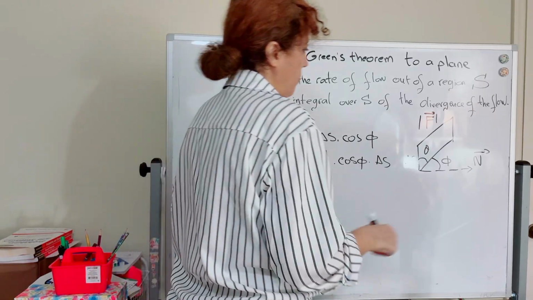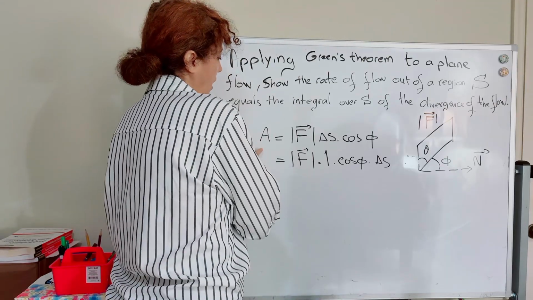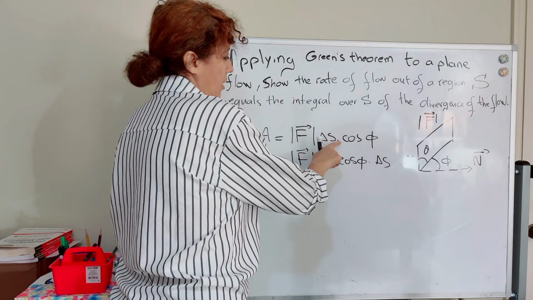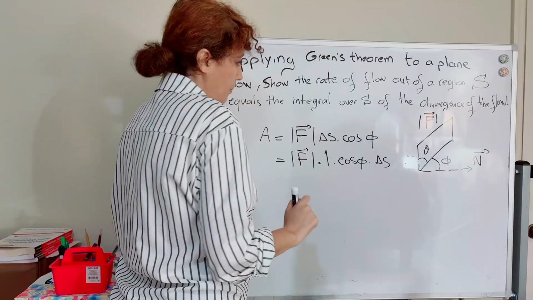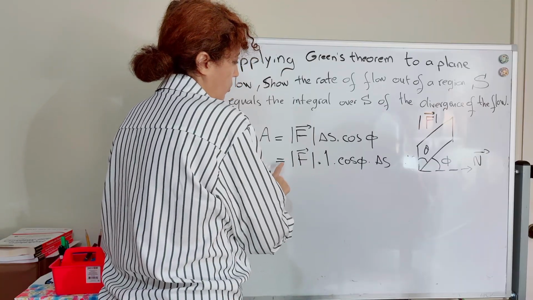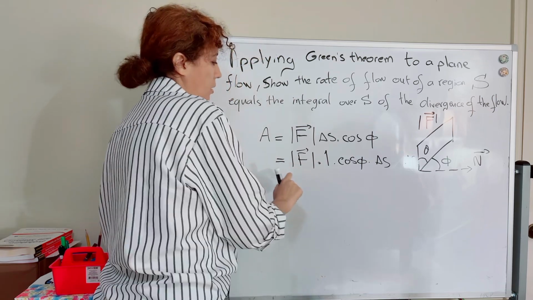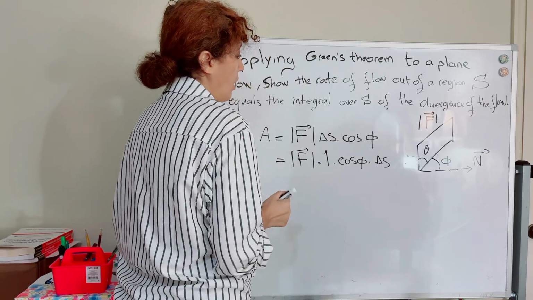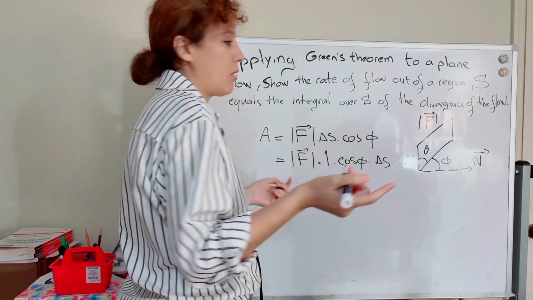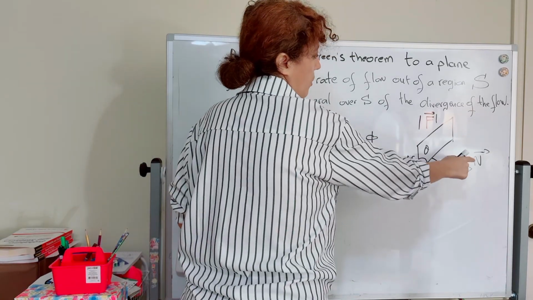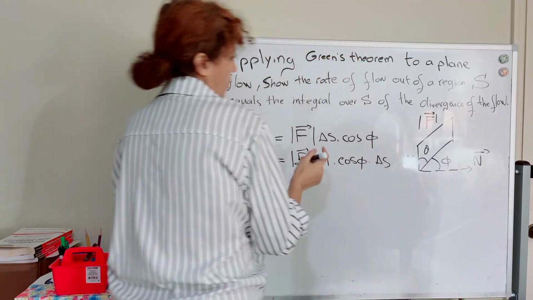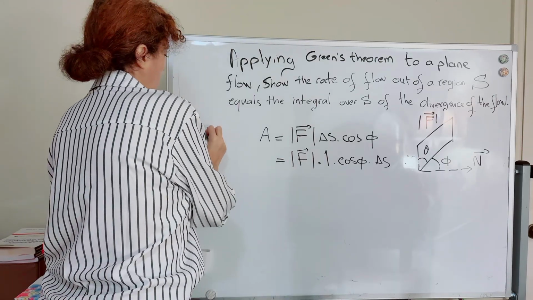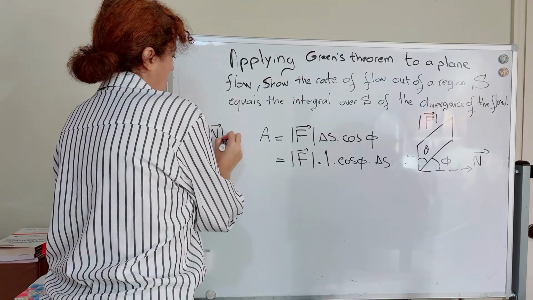So from part 2, we had that the area is the magnitude of F times delta S cosine phi. This is equal to the magnitude of F times 1 times cosine phi times delta S. We know that N is the unit normal vector, so the magnitude of N is going to be 1.